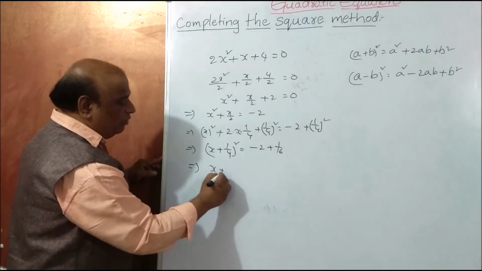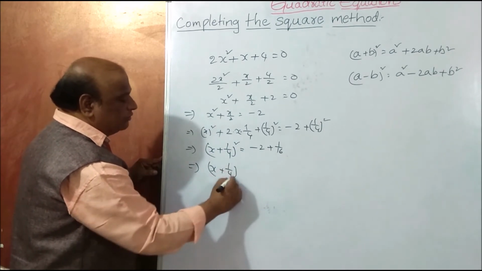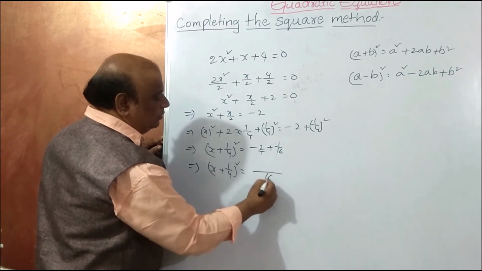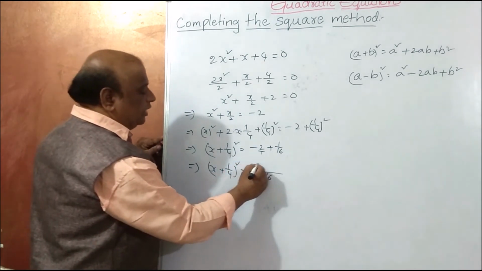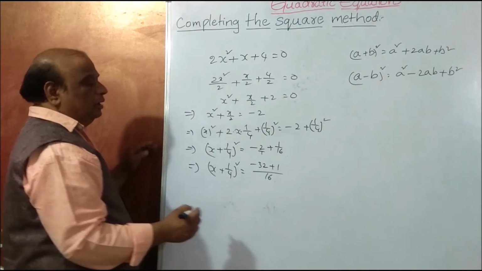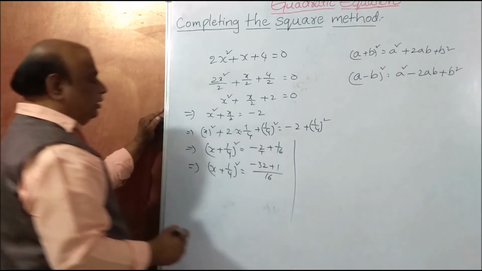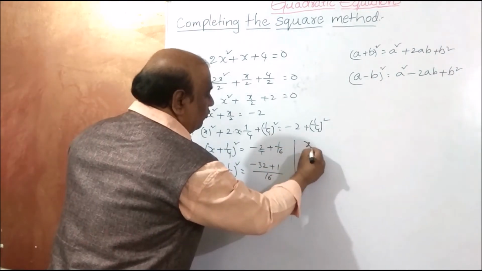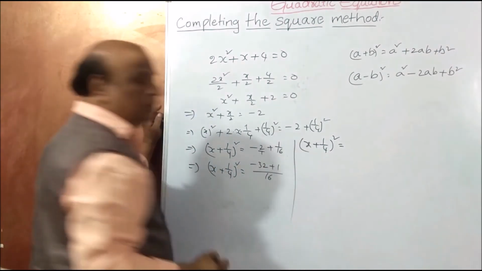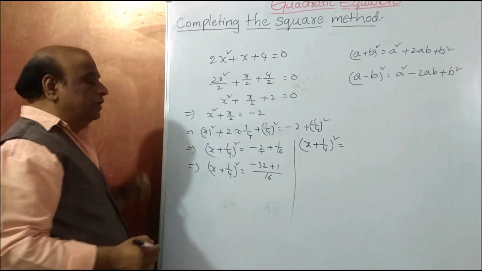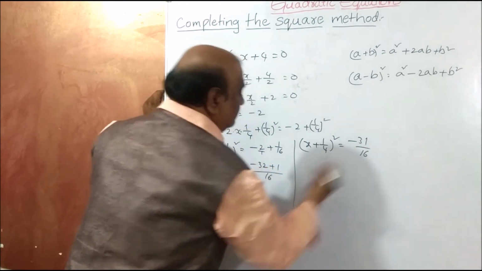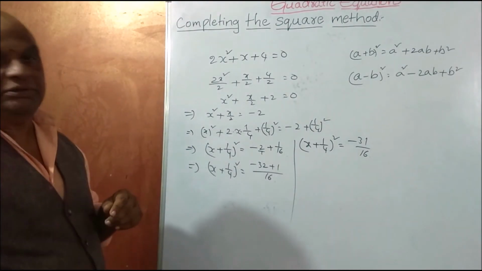X plus 1 by 4 whole square is equal to, taking LCM 16, minus 32 plus 1. Here x plus 1 by 4 whole square is equal to minus 31 by 16.